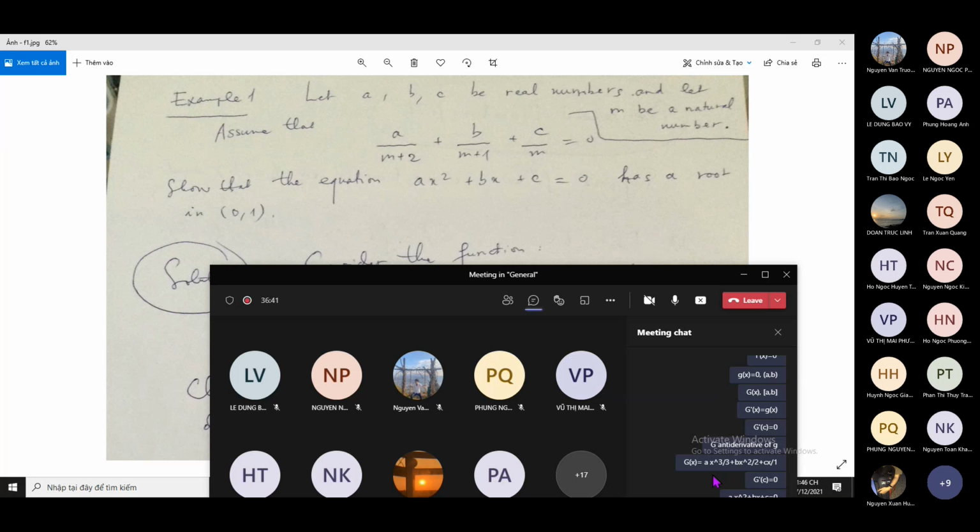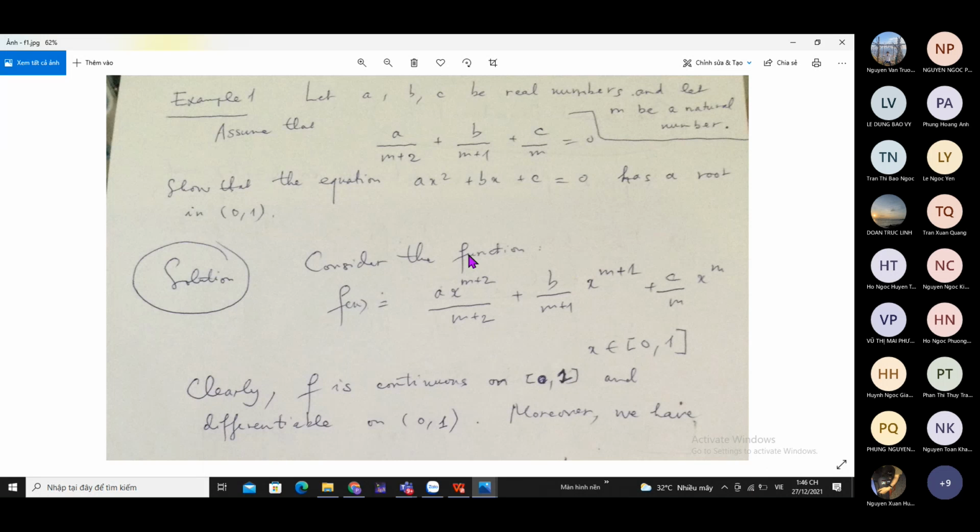And that's why here we have to improve the function g a little bit. I mean, we improve the function ax cubed over 3 plus bx squared over 2 plus cx a little bit. And we try to consider a function so that we can use the condition a over m plus 2 plus b over m plus 1 plus c over m equals 0.